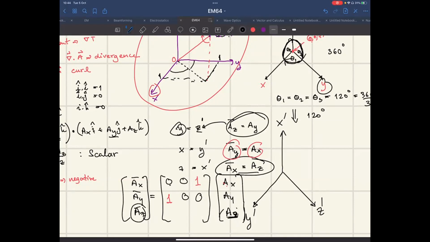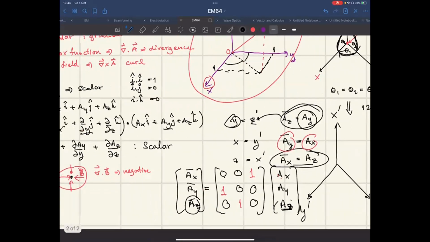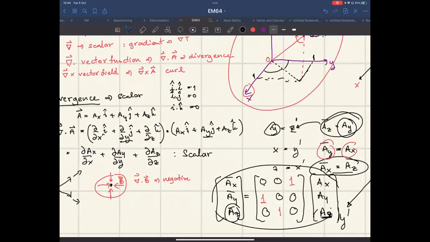But our AZ prime here equal to AY. So our Y is 1 here, and the rest is 0. When you do this, when you're just doing a normal linear equation, we get AX is equal to AX multiplied by 0 plus AY multiplied by 0 plus AZ multiplied by 1.